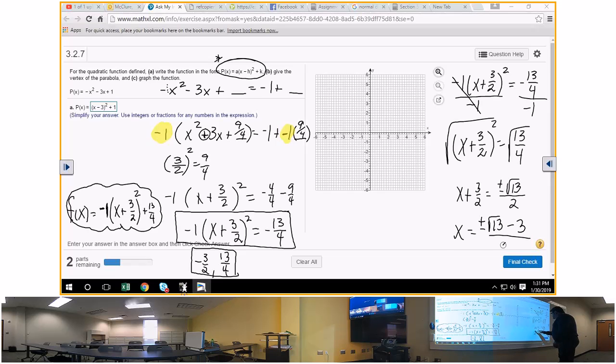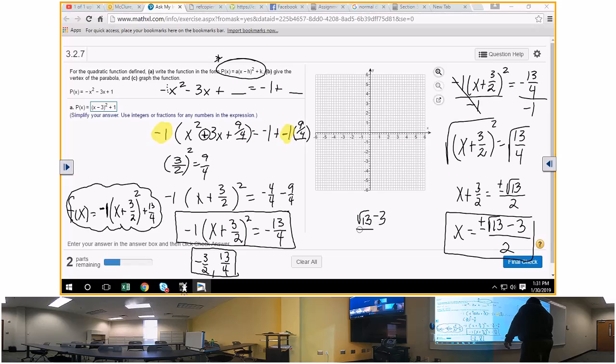And your answer is going to be some form of that, either broken up or in unison like that. It could be square root of 13 minus 3 over 2, comma, negative square root of 13 minus 3 over 2. That's another variation of the answer. Both of these are the same.